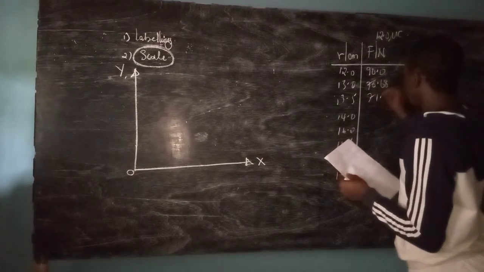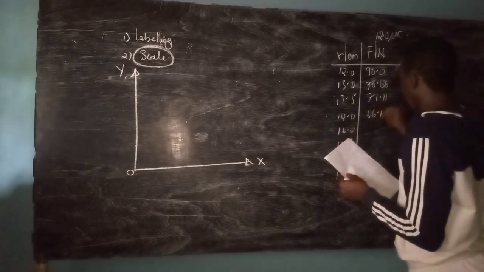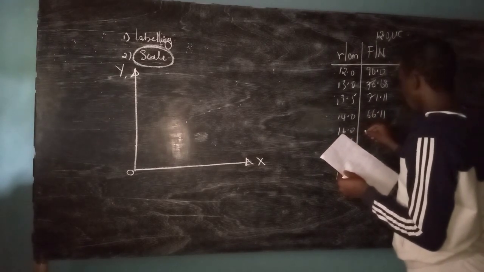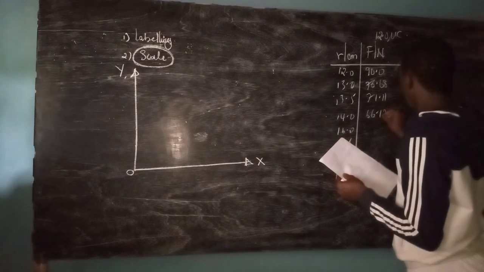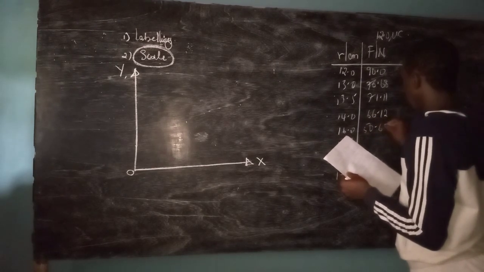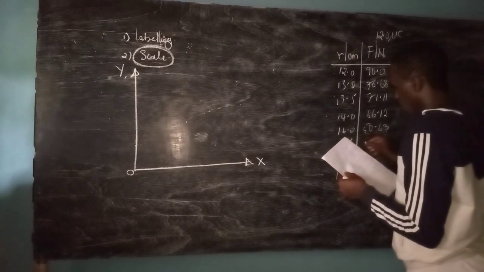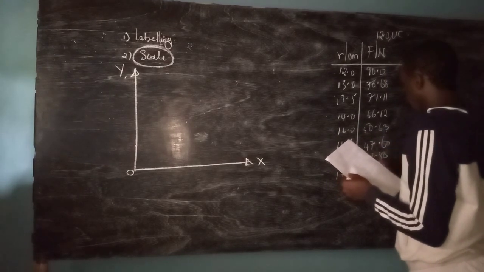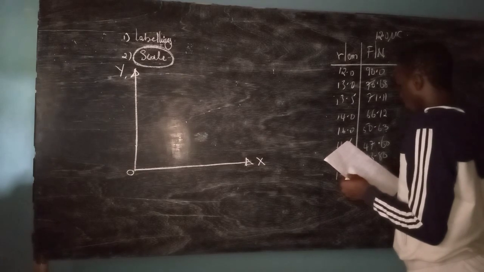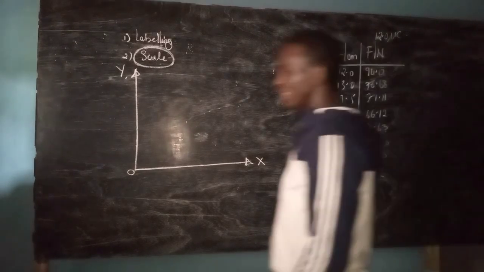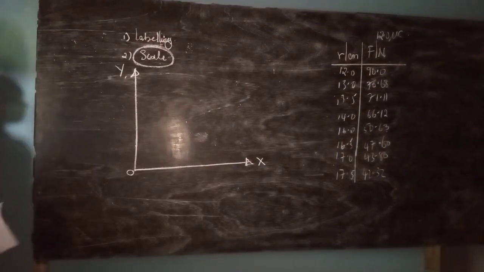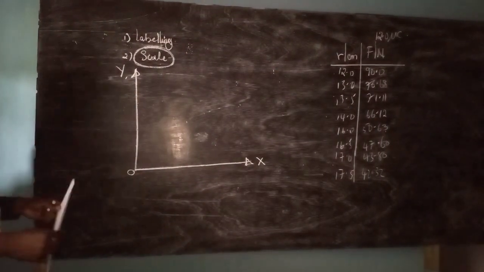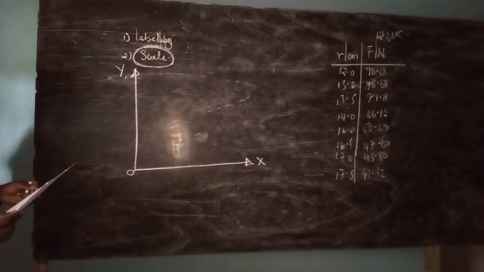When the separation was 16, the force was 50.63, and we have 47.60, 43.80, and now 42.32. That is what we have for the data obtained by that student during the experiment.